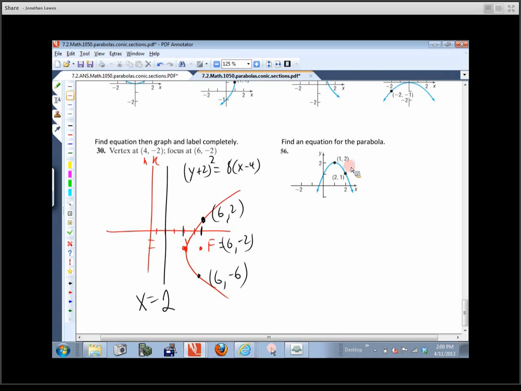All right, let's take a look at this last one. It is x squared. And it's negative. Okay, and there's our h and there's our k. So I'm going to do x minus 1 squared, y minus 2. Negative in there.